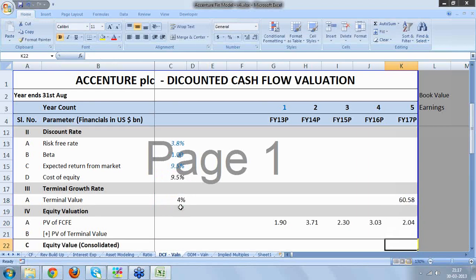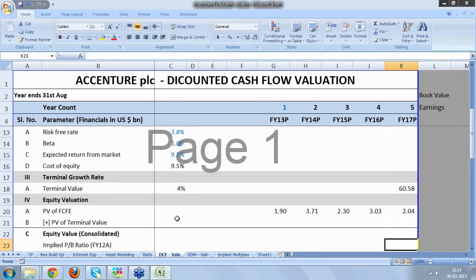I'll say enter, so I'll end up getting the terminal value. This is the terminal value in the outermost year, so this divided by (1 plus discount rate) raised to the power year number, and I end up getting this value.